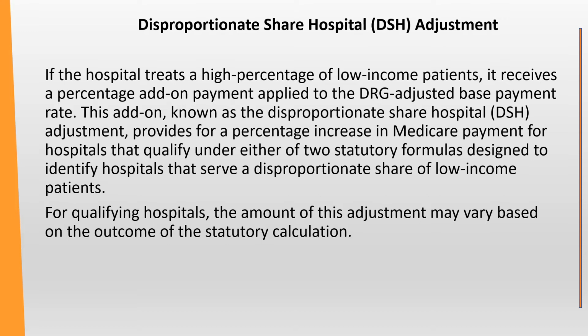This add-on, known as the Disproportionate Share Hospital, or DSH adjustment, provides for a percentage increase in Medicare payment for hospitals that qualify under either of two statutory formulas designed to identify hospitals that serve a disproportionate share of low-income patients. For qualifying hospitals, the amount of this adjustment may vary based on the outcome of the statutory calculation.